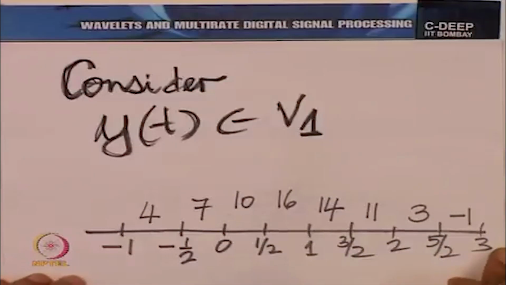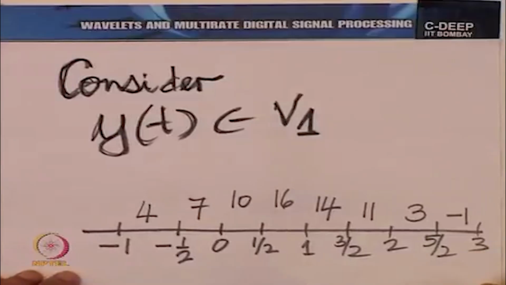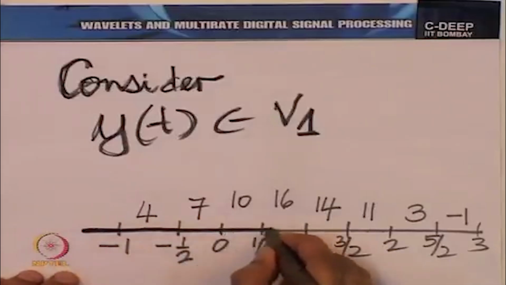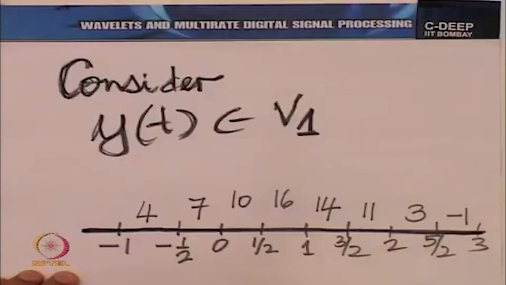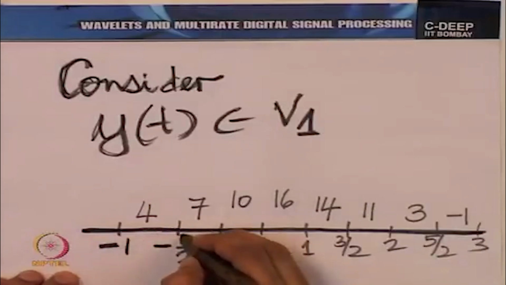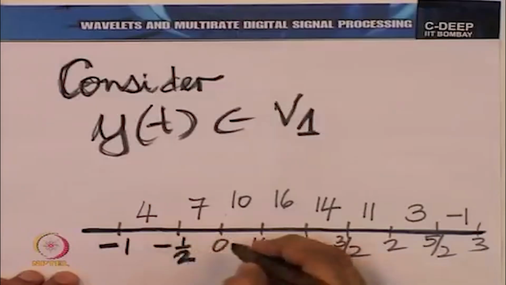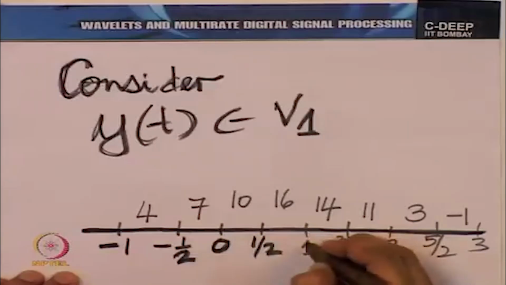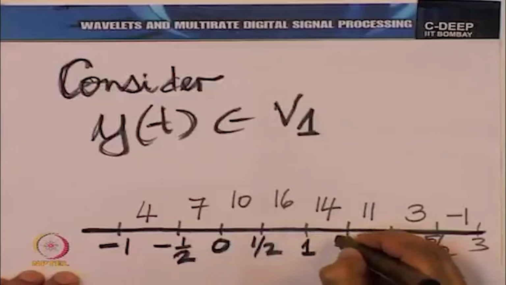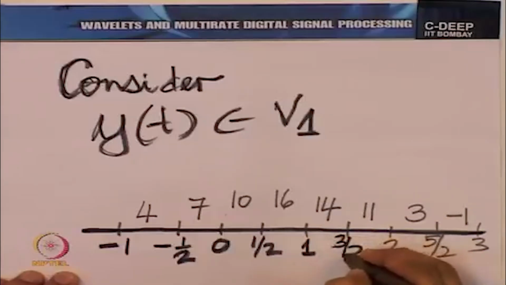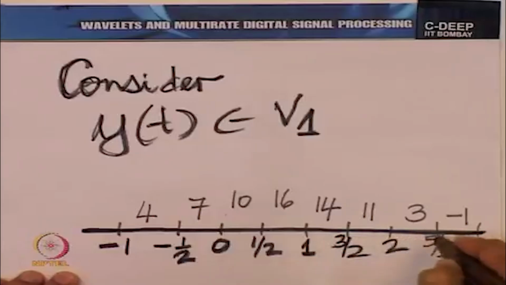And remember the function V1 that we were talking about yesterday? We said on the real axis, we would of course in principle define it over every half interval, but then we can be content with looking at a segment of this real axis between -1 and 3, and we will do exactly that.